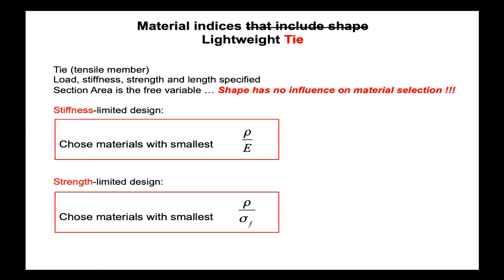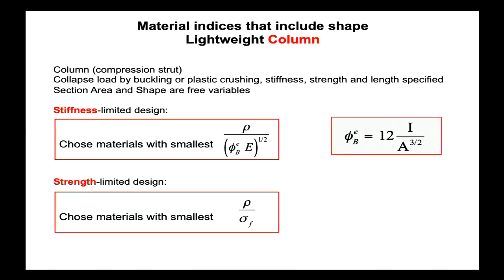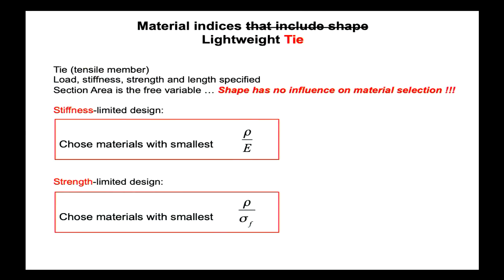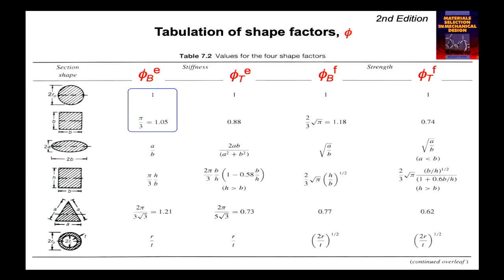It probably does have some impact, but not anywhere near as much as columns or torsion or beams. Thus, at this stage, we can just say, don't worry, it is invariant. And again, that's the sort of thing that in an exam setting I could play around with.